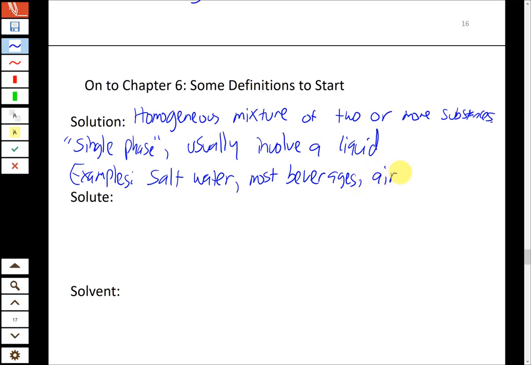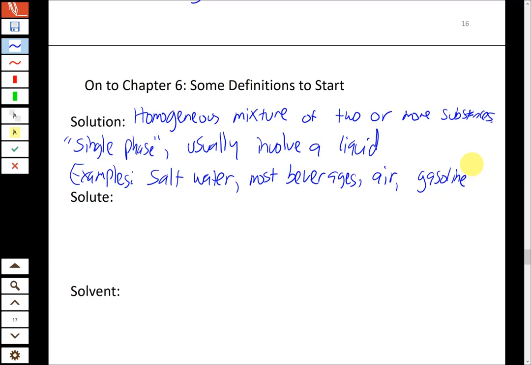So the air that you breathe is a solution involving many gases, primarily nitrogen and oxygen, but a bunch of minor ones too, carbon dioxide, argon, tiny amounts of probably helium and things like that too. So there's a lot of different gases around you, and air would be a solution as well. You can't tell that there's more than one thing in the air just by looking at it. And then another common solution is gasoline. So gasoline is not a single pure substance, it's a mixture of a lot of different substances that are all dissolved together. Okay, so those are examples of solutions.